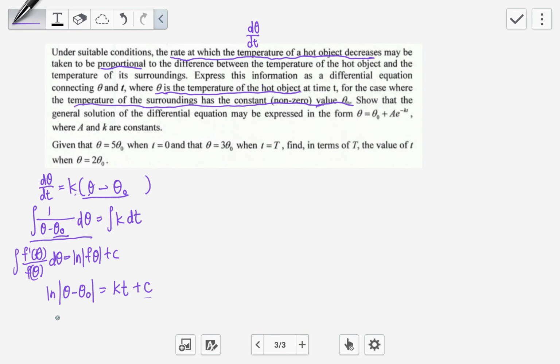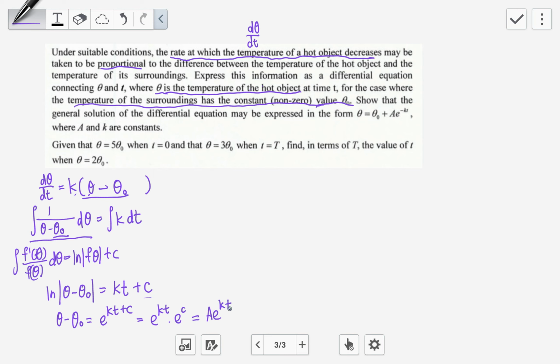So then theta minus theta naught equals e to the kt plus C. And using the exponential rule, this is just e to the kt multiplied by e to the C. And we can write e to the C as another constant, because the exponential of a constant is a constant.